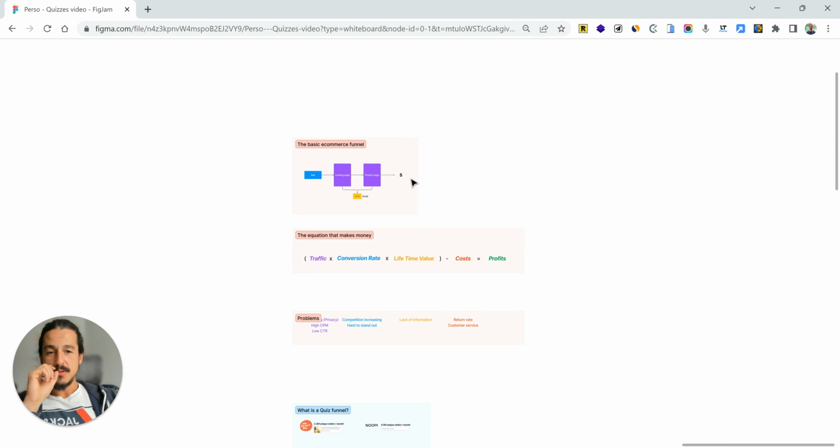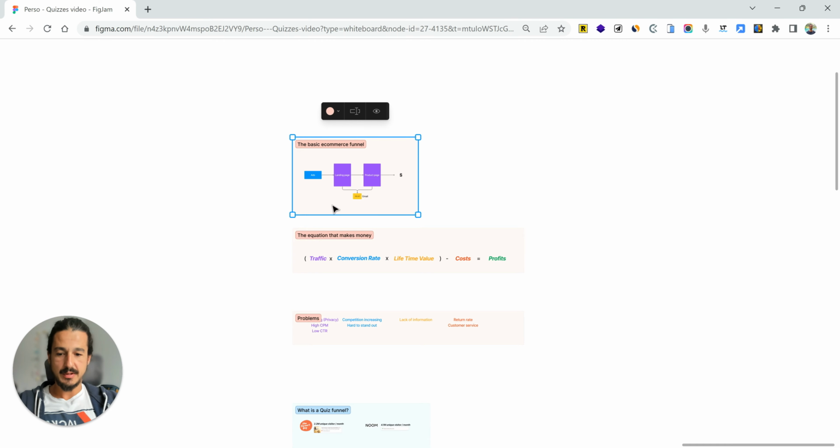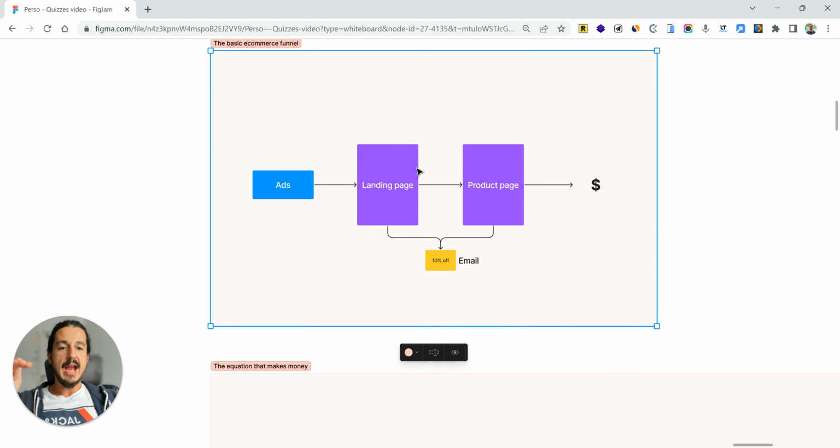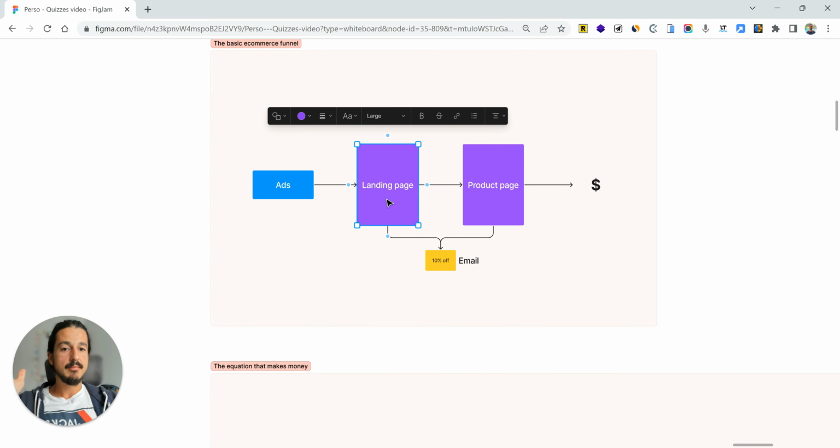Before talking about the quiz funnel, I would like to talk about what is not a quiz funnel, and that is the basic e-commerce funnel, right? More or less, everyone out there is doing the same thing. People are doing ads. They bring the viewer to a landing page. This landing page drives to a product page or several product pages, and people should buy at this point.